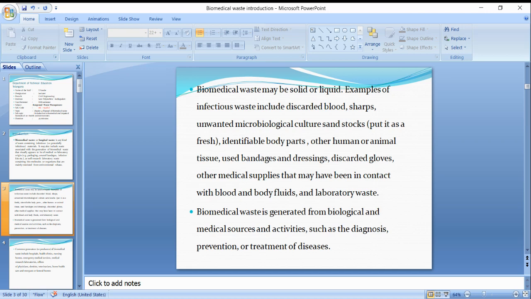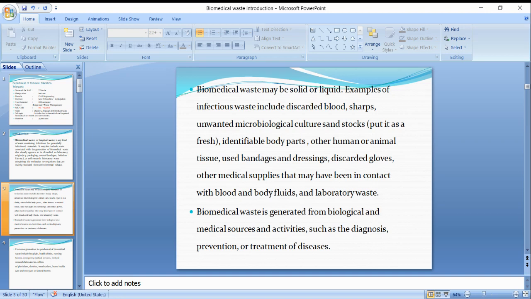Those are the discarded gloves and other medical supplies that may have been in contact with blood and body fluid. If you go to the laboratory, there we can see all the testing materials, and those also produce waste.